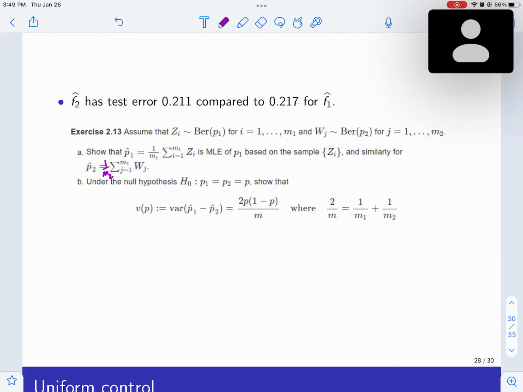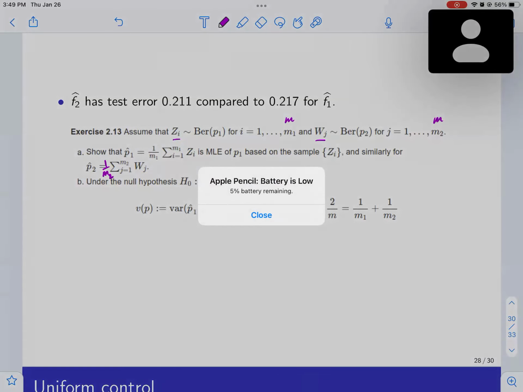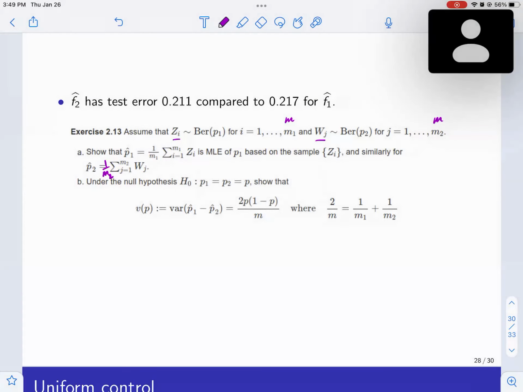So these are good estimates. Then you can calculate the variance of the difference. One issue is that in our setting, both have M, and the samples are dependent because they're using the same test example. But we're not going to worry about that, as you'll see.